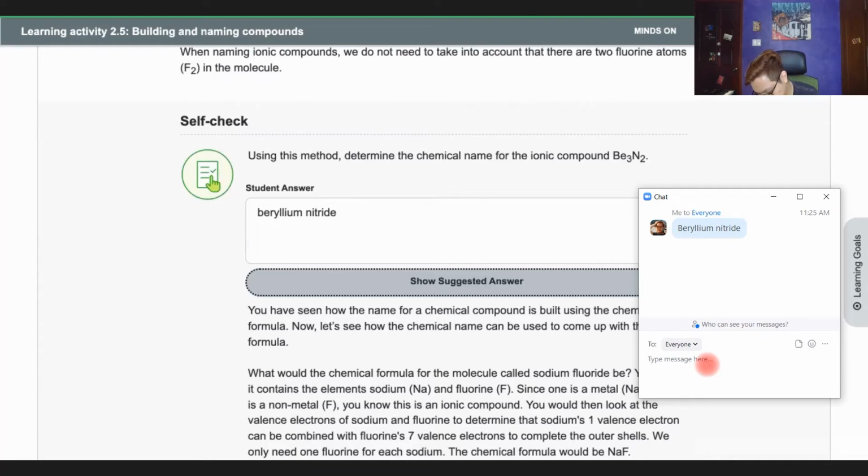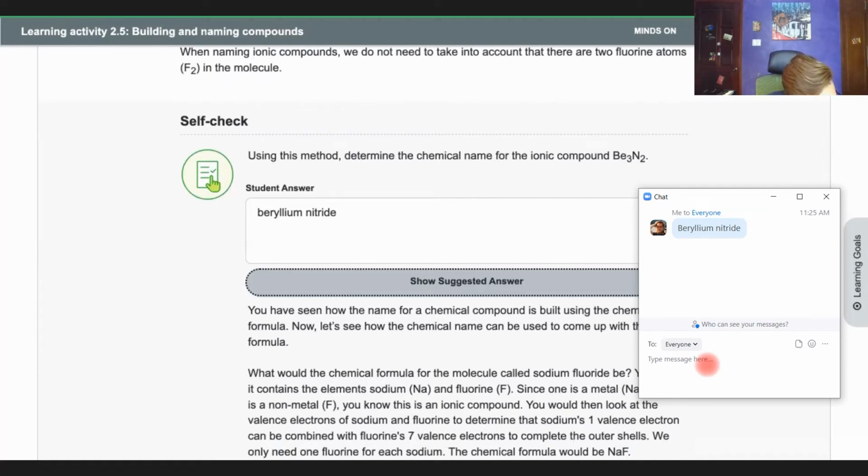You know it contains the element sodium, Na, and fluorine. Since one is a metal and one is a non-metal, you know this is an ionic compound.